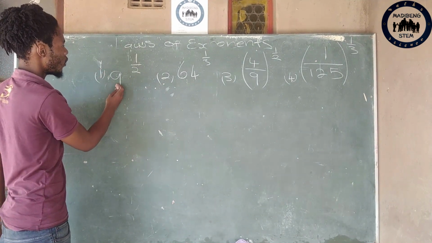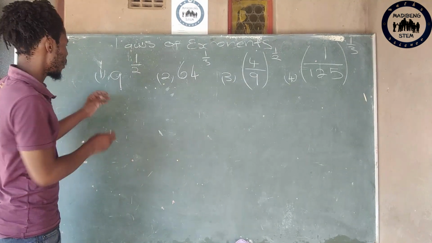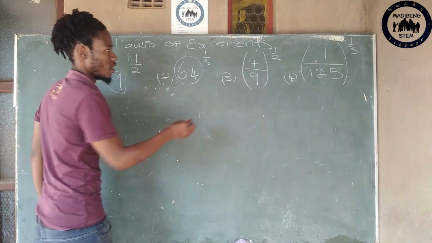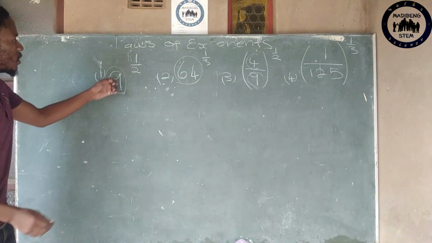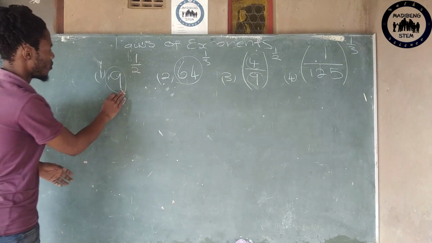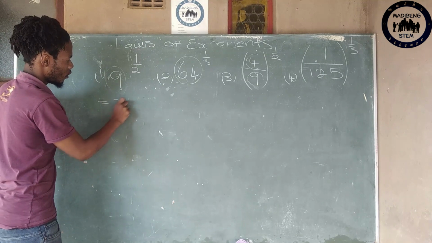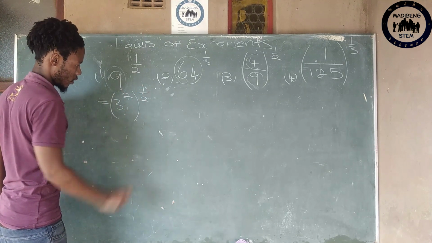Number 1 is 9 to the power of 1 over 2. Remember, you have to change these numbers to exponential form so that you can simplify them. What is 9 in exponential form? 9 in exponential form is 3 squared. 3 squared is equal to 9.